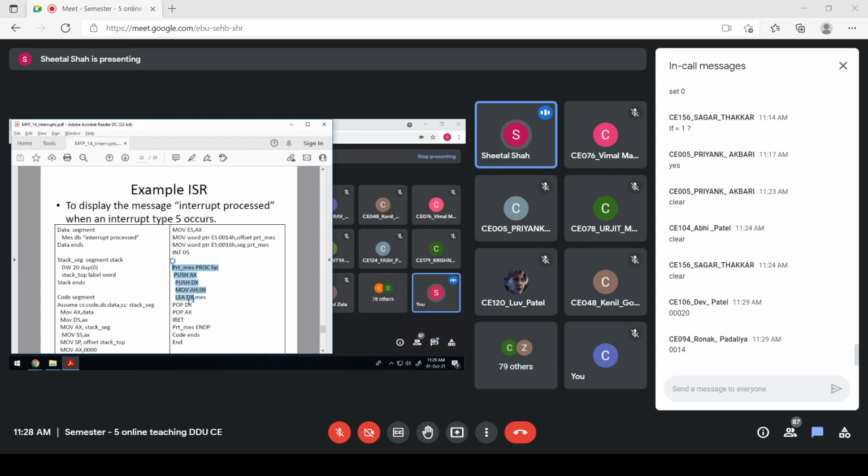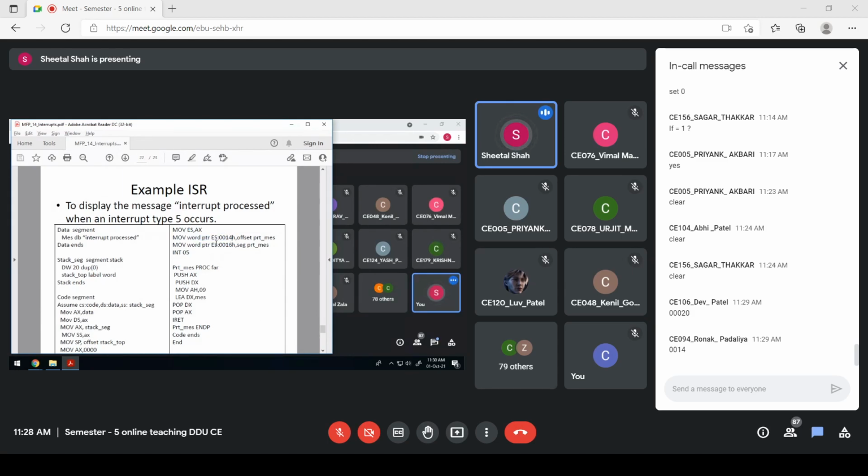Here I am writing this ISR. This is my interrupt service routine, which is a FAR procedure. The name of this interrupt service routine is PRT_MES. So the offset of this procedure I am storing into memory at ES:0014. What does it mean?